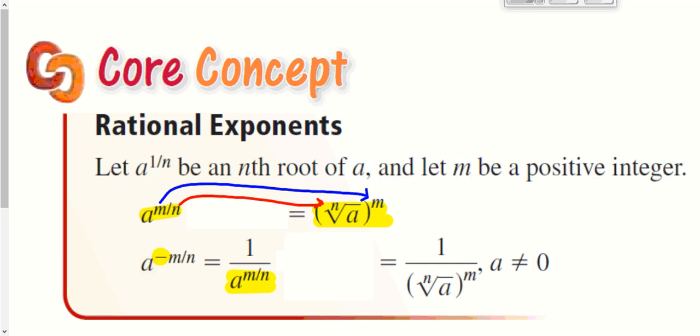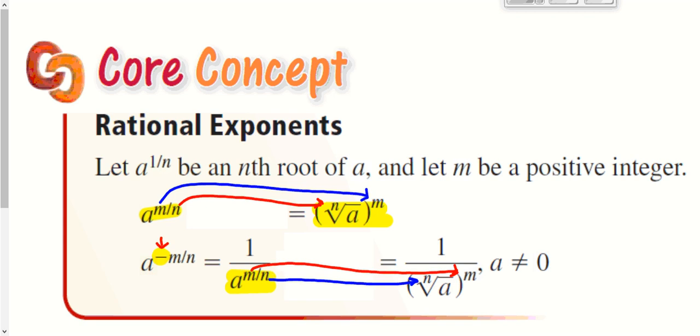Same token there, if I have the n on the bottom of that fraction in the exponent, it goes to the front of the radical, and the m on the top of the fraction goes to the exponent, but the whole thing is still in the big fraction because originally I had a negative in my exponent.